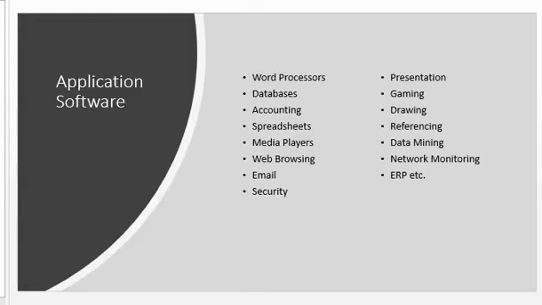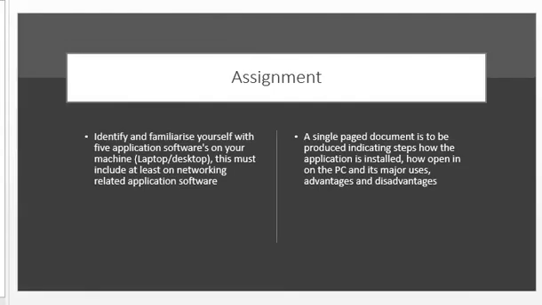In terms of application software, I've just listed broad categories here: word processors, databases, accounting packages, spreadsheets, media players, web browsers, email. And this is not all there is. So I want you to do your own research.